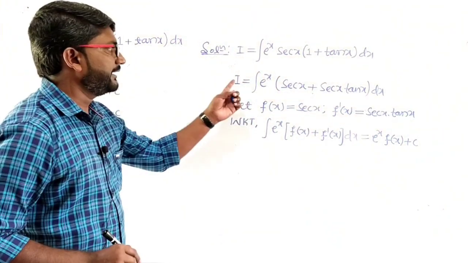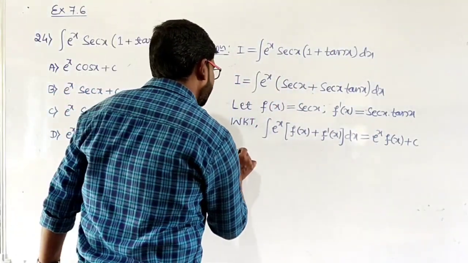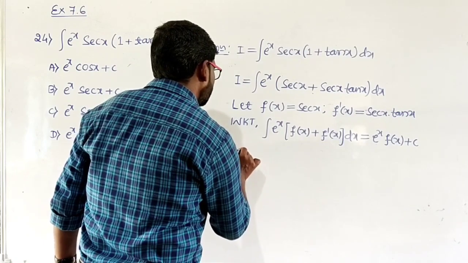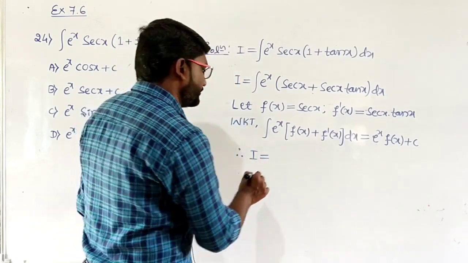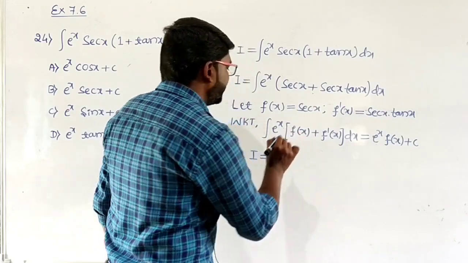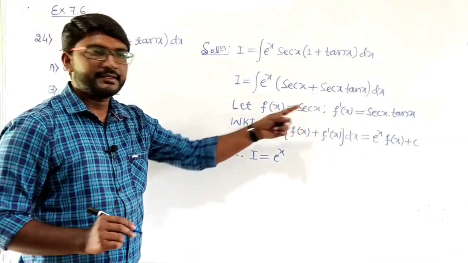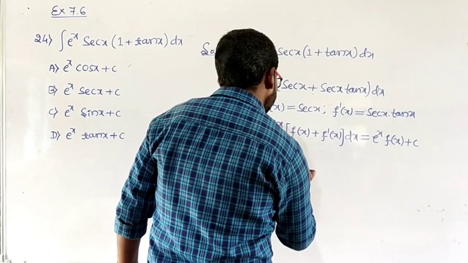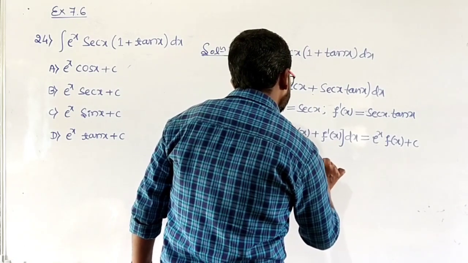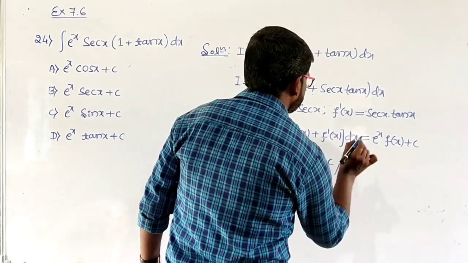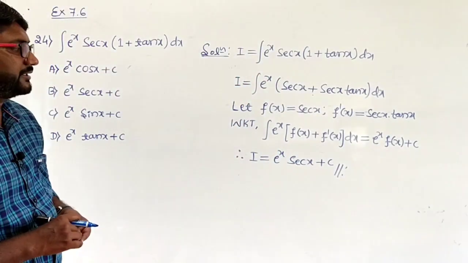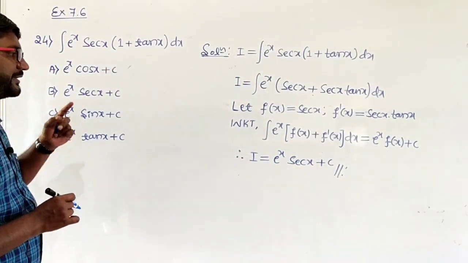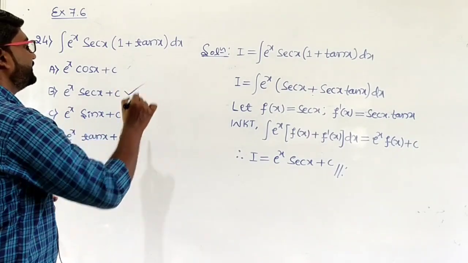Now we have to write the final answer for the given integral. Therefore I equals e power x into f of x, it is secant x, plus c. So this is the answer for the 24th question. Search for the options now. E raised to x into secant x, it is option B.